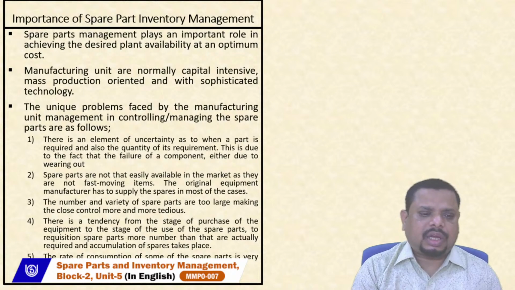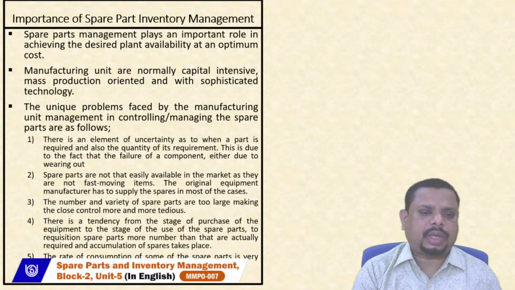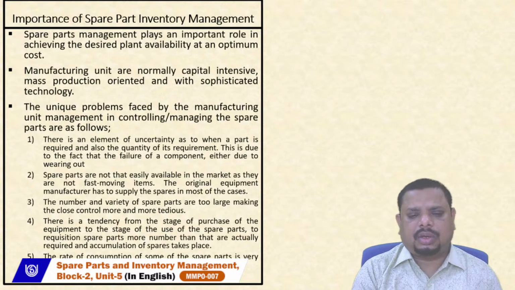The next is that there is a tendency, from the stage of purchase of the equipment to the stage of use of the spare parts, to requisition more spare parts than actually required, and accumulation of spare parts takes place. For example, if your motor bicycle requires two tires and you purchase one extra tire, there is no use of that tire for at least 4 to 5 years.